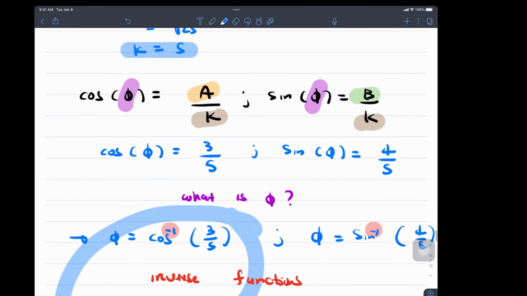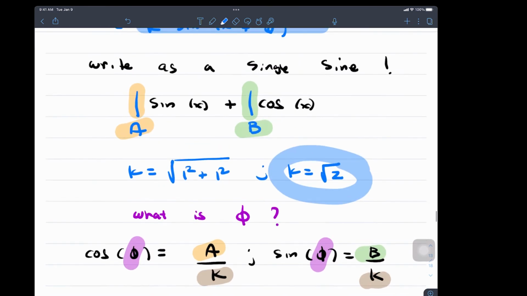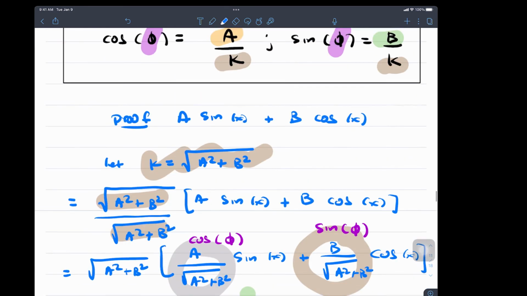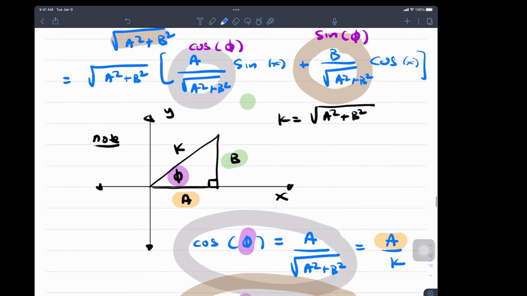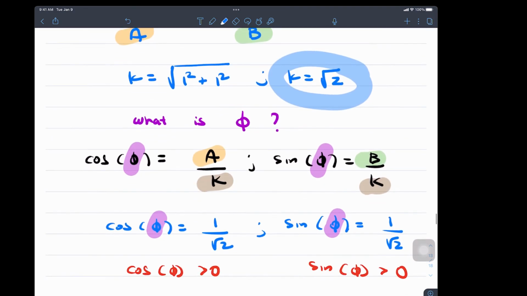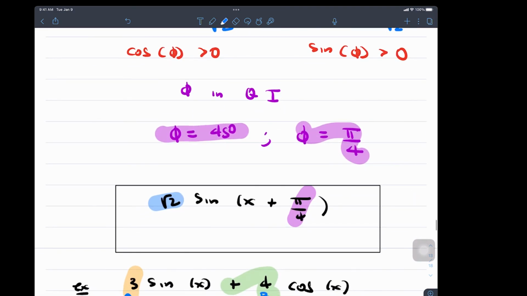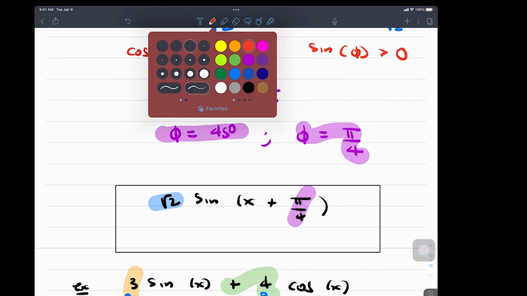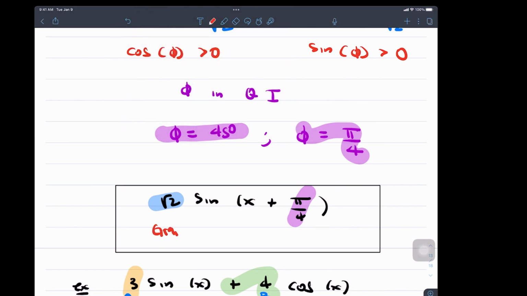We'll go with the easiest one. It doesn't matter, but what do we find? Sine plus cosine, what did it become? It's right here. Square root of 2 sine of x plus pi over 4. The point I'm making is, can you guys graph that? The answer is yes, you can graph that. What's the amplitude?